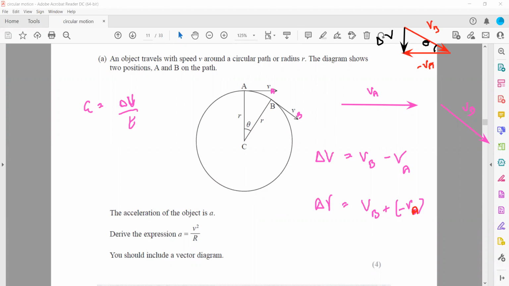Now, if I need this angle, as it is making a right angle and theta is very small, we have the formula V equals R omega. So V is equal to R omega. That is the formula which relates the speed, radius, and the angular speed.